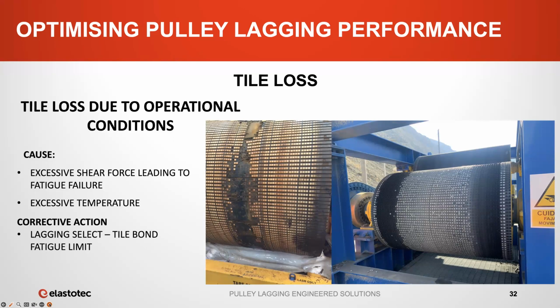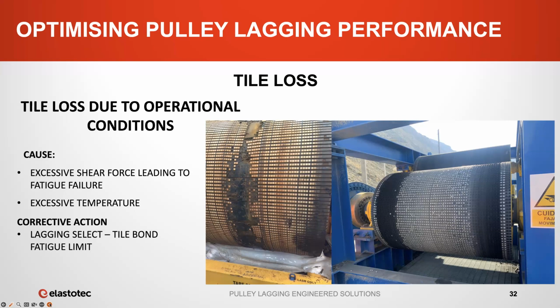So, the lagging was on there for 3 years, but on this size pulley, the bearings would have been expected to last a lot longer than 5 years. So, it's a very large pulley, and it's having to be removed because of the lagging.